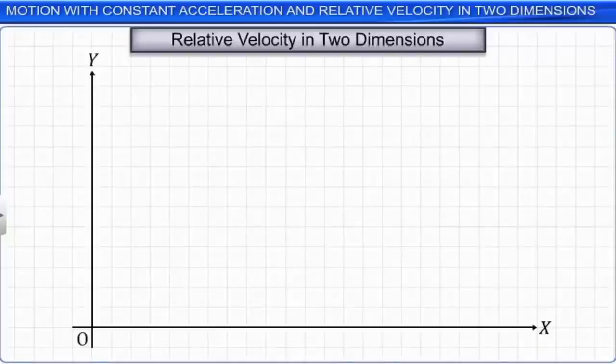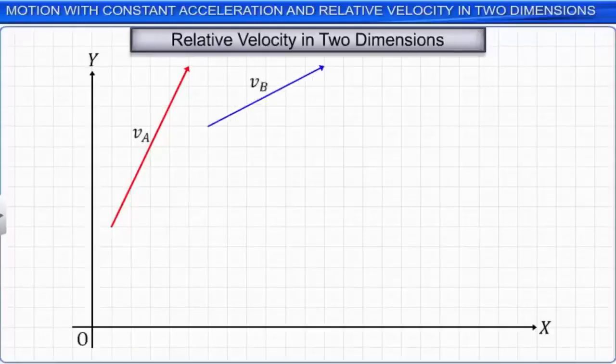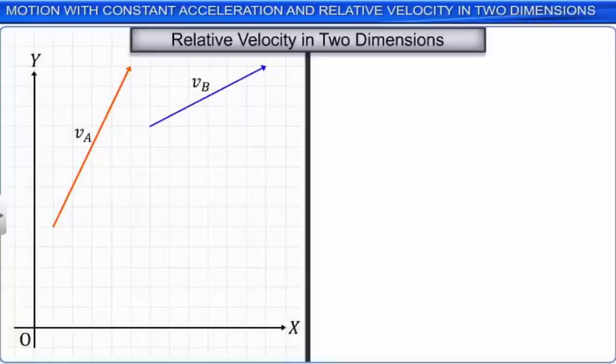Now, let's discuss relative velocity in 2 dimensions. Consider two bodies, A and B, moving in the xy plane with velocities VA and VB respectively, with respect to the coordinate system. The velocity of A with respect to B is written as VAB is equal to VA minus VB.